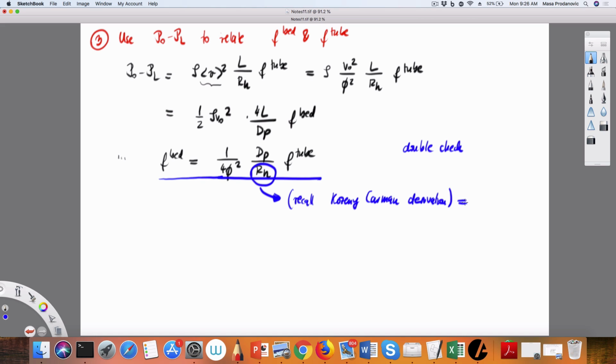My RH is phi over specific surface area, and that comes down to phi times particle diameter over 6 times 1 over 5.